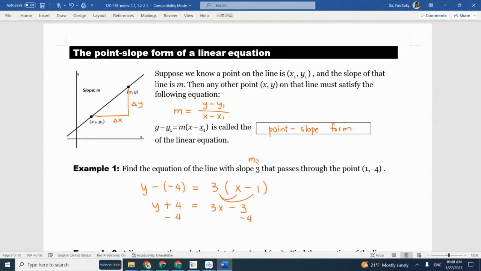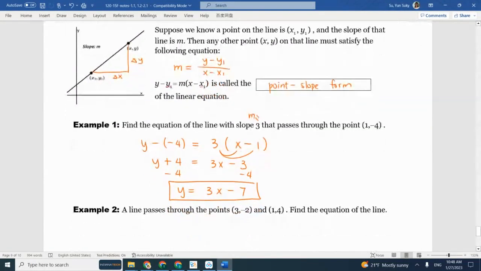Subtract 4. So y equals, yeah, 3x minus 7. Very good. So I hope you express your final answer like this. Okay? This is slope intercept form, which is unique. Any questions so far?